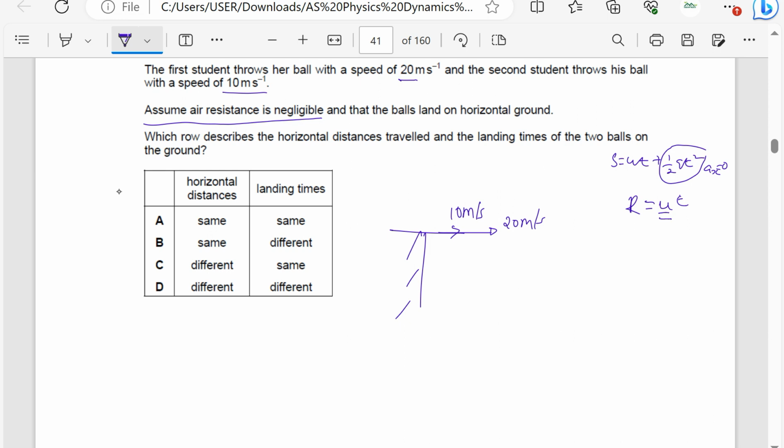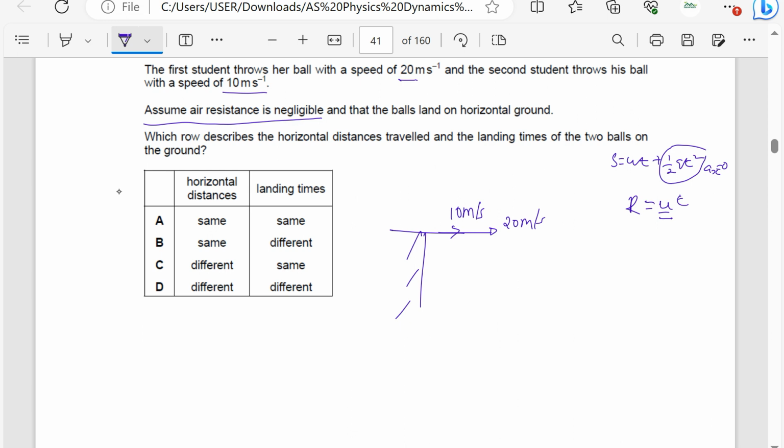Since u is different, R is most likely going to be different. Because there is no air resistance, R depends on speed and also on the time.